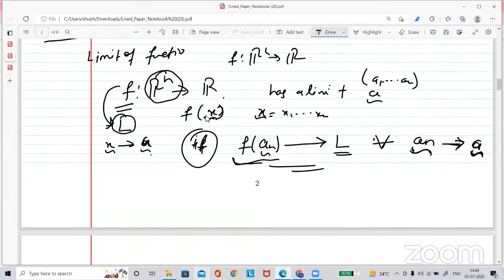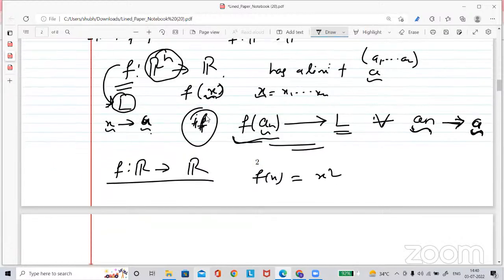For simplicity, take the general calculus setting: a one-variable function from R to R, say f(x) = x squared. Or let me take a contradicting example.